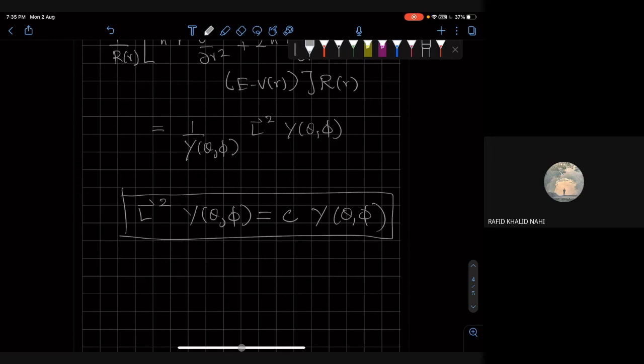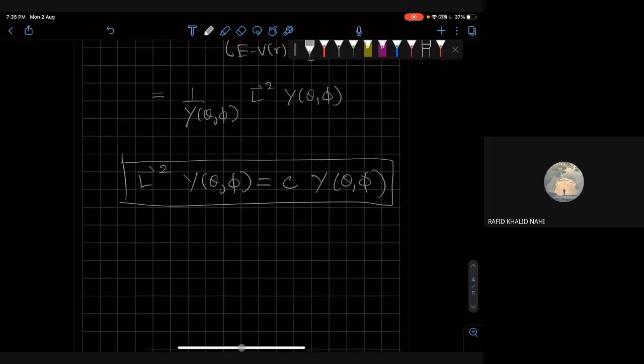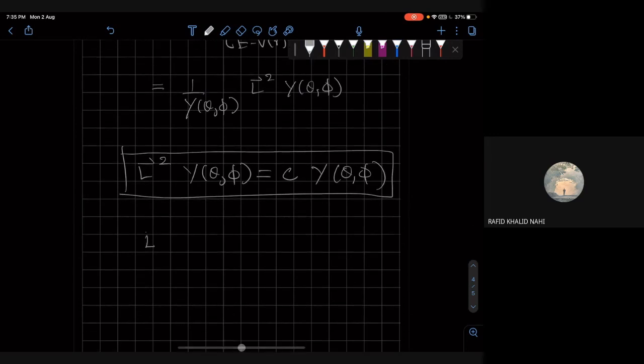Yes, it's just an eigenvalue equation. It's the eigenvalue equation for L squared. Therefore, we know that the Y will have quantum numbers l and m. l is the total L squared quantum number, and m is the Lz quantum number, right?